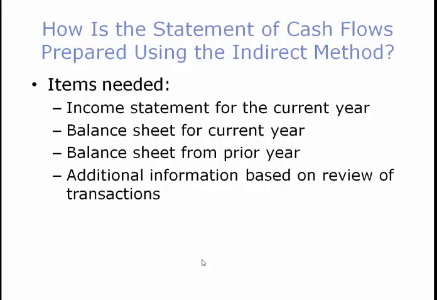We need the balance sheet for 2 years because we want to look at the net change on the balance sheet year over year, and we're going to use all of it with the exception of the retained earnings, which will be included in the net income and the dividend. So we'll talk about that in a little bit. And then we're also going to talk about some other transactions that will be provided for you.